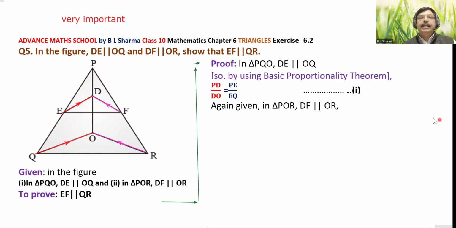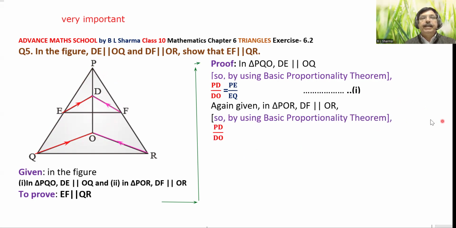Similarly, again in the other triangle POR, DF is parallel to OR. So using again basic proportionality theorem, we can write PD upon DO is equal to PF upon FR.